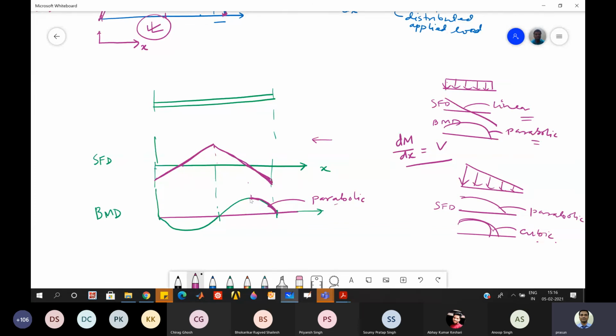Now you can see in this case, if I take this section, let me draw it here, A, and I'll mark a few points for understanding. Maybe the loading is not divided into that many points, but let us just mark it. So now if you see the CD portion, here there is maximum slope and this is positive.